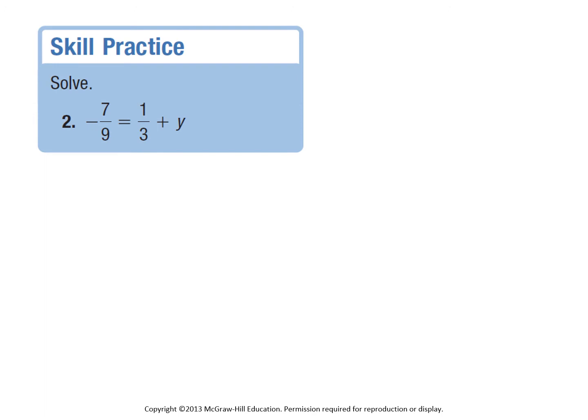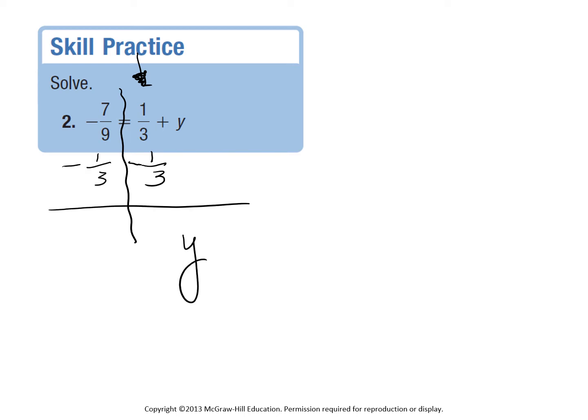So here I want to get the y alone on the right side of the equation. So to solve this for y, I'm going to have to eliminate the constant 1/3. So I'm going to subtract 1/3 on both sides of this equation to isolate my variable y.